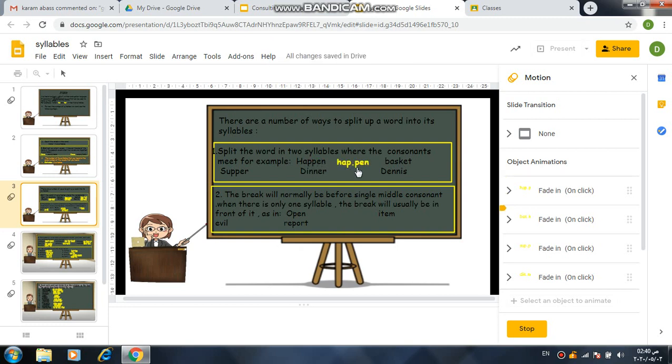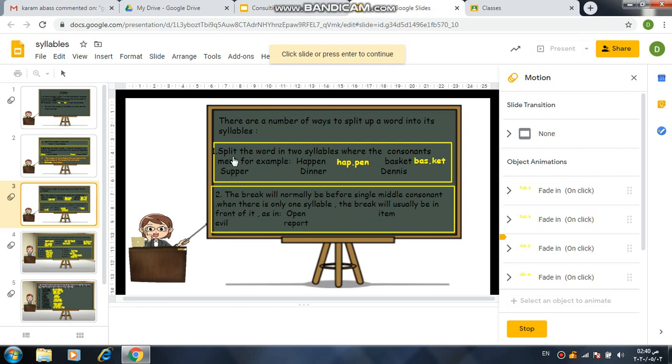It will become hap-pen. Basket. Look here. S and K. We split between 2 consonants that meet each other. So it will become bas-ket. Supper. We split between 2 consonants that meet each other.